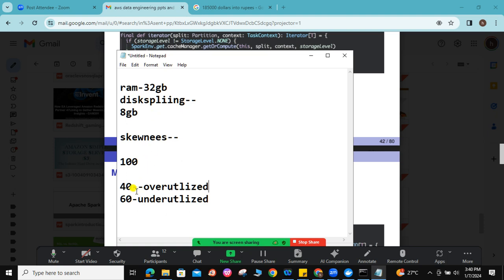That means one will have too much data to process, another will have less data to process. Because of this, what will happen? Again, it will take a lot of time to process. A lot of time means a lot of money. A lot of money means your business or your manager will ask why you are spending so much money, why it is taking so much time.